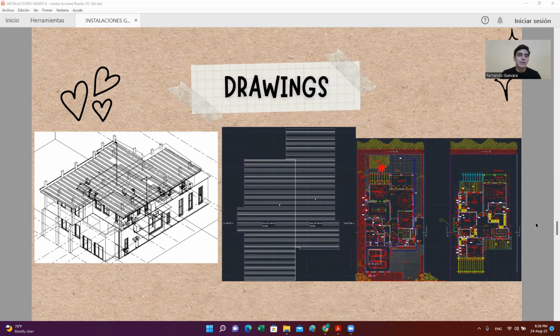In the software Revit, we put the ceiling with the slopes. The slope was 1%, and then the gutter in the perimeter of the roof, and then the downspouts to the floor.